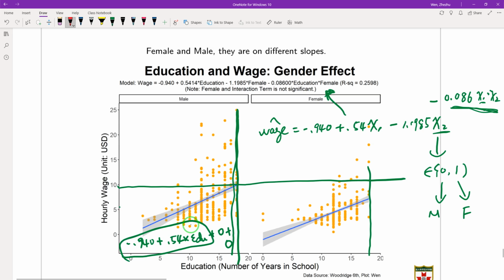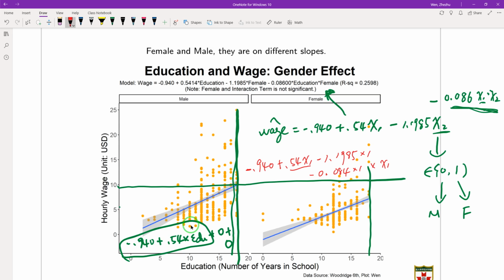If you think about that, the model for female is going to be the same intercept plus x1, and for female you have negative 1.1985 multiplied by 1, and then you also subtract 0.086 multiplied by 1 multiplied by x1.